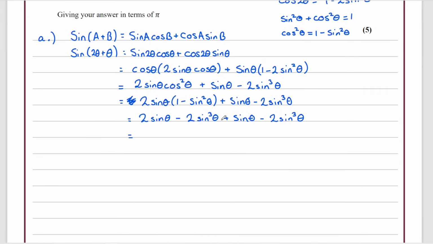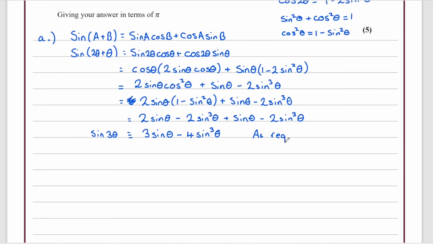Well, I've got 2 sine theta plus sine theta, so that gives me 3 sine theta there. And then finally, we've got minus 2 sine cubed theta minus another 2 sine cubed theta. So in total, we've got minus 4 sine cubed theta. Okay. And that was for sine 3 theta there, which is exactly what we wanted. So sine 3 theta is identical to 3 sine theta minus 4 sine cubed theta as required.